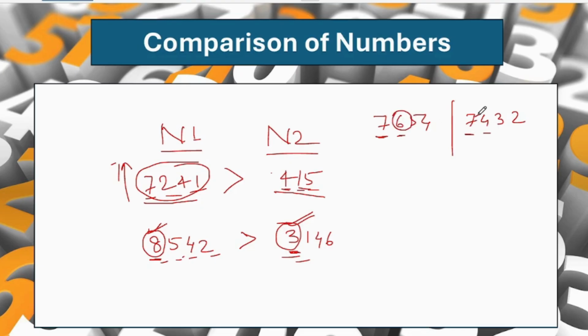This is 6 and this is 4. So 6 is bigger. So obviously this number will be bigger, right? So likewise, thousands, hundreds. If hundreds digits are also the same, then you compare tens. If tens are also the same, then you compare ones. If ones are also the same, it means that both numbers are equal. Otherwise, you will find the answer. Okay.